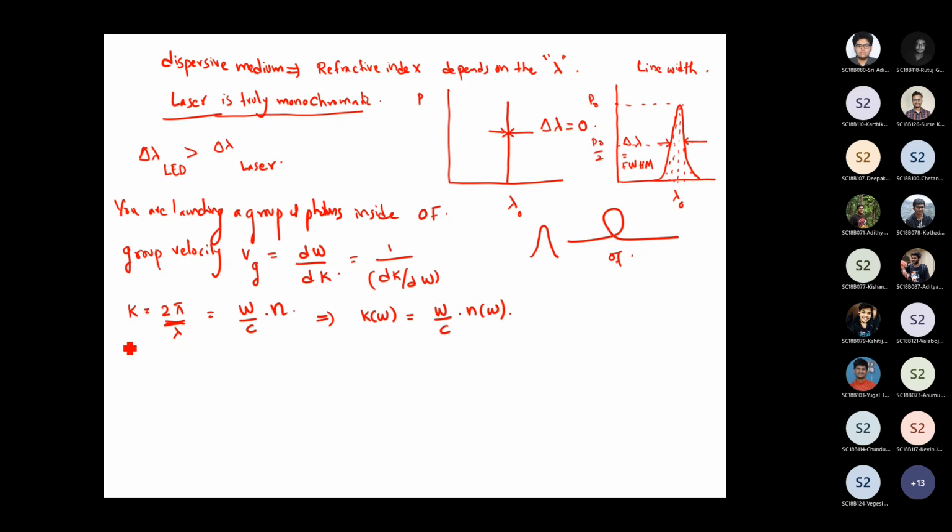So 1 by Vg would be dk by d omega, which is the same as d by d omega of omega by c into n of omega.